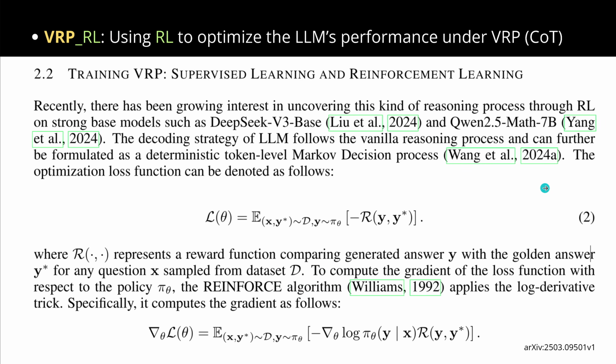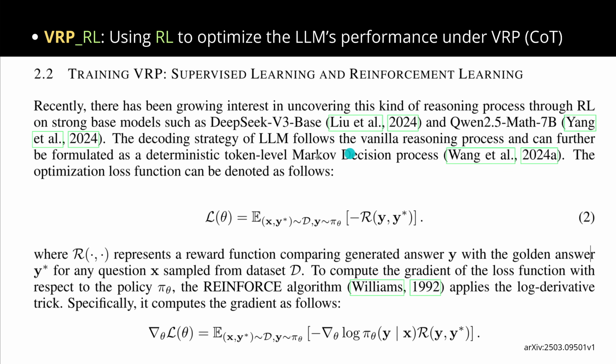But then, you remember, we have to train this system, no? I mean, yeah, you can go off the shelf from Hugging Face, you just pick a model, but hey, let's build this model, with our data and our domain knowledge and so on. Maybe we want to understand how to improve it. So now, training our vanilla reasoning models with supervised learning and reinforcement learning. So with DeepSeek, the hype, beautiful. The decoding strategy follows the vanilla reasoning process.